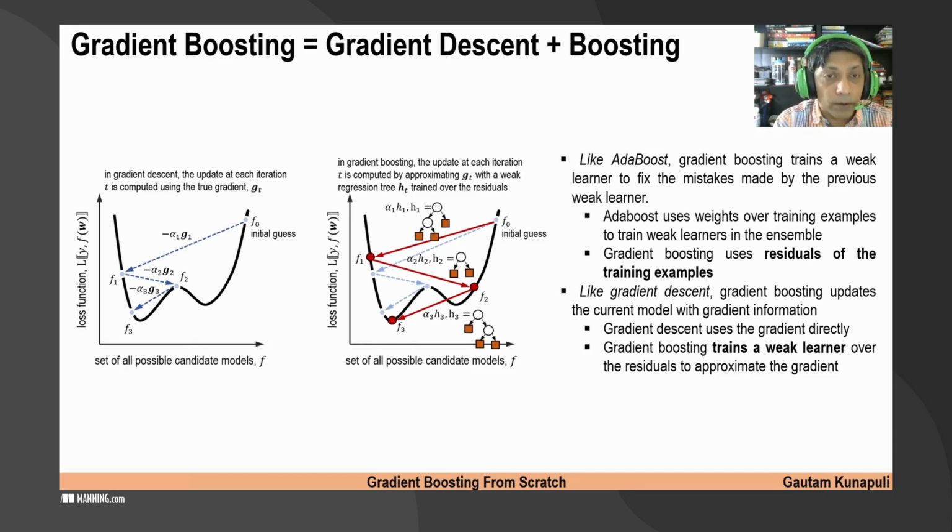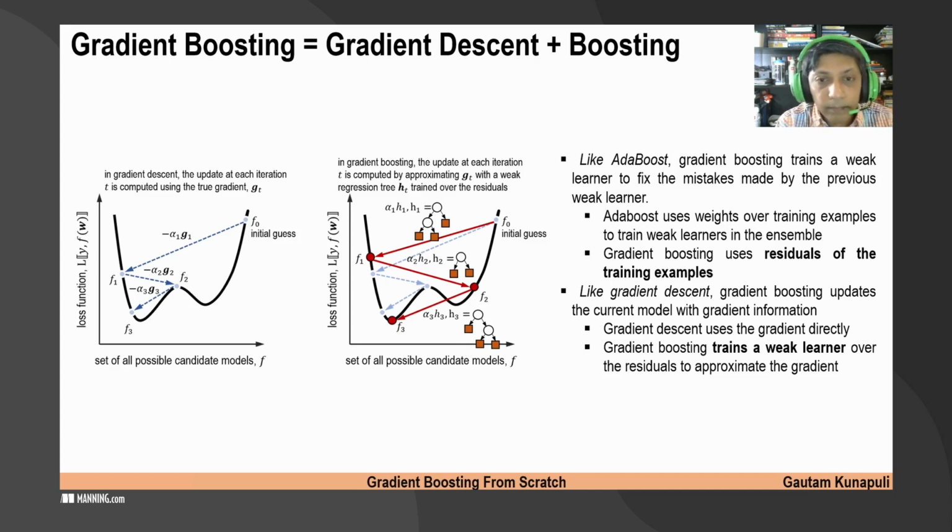So remember, to recap, what boosting wants to do is sequentially learn these weak models, one model at a time, in such a way that we are fixing the mistakes made by the previous model. And what gradient descent does is it sequentially updates your progress over this loss function profile. And so you can see now through these two that gradient descent and boosting combined together essentially give you a gradient boosting procedure.